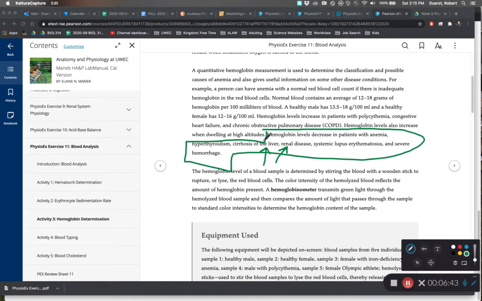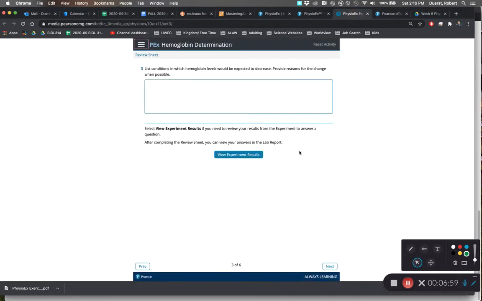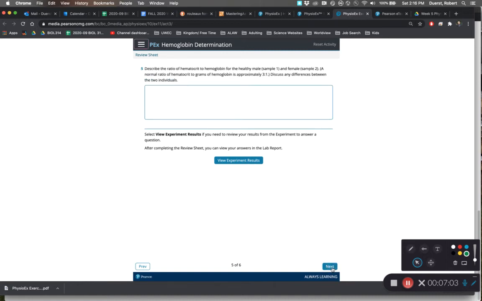So these individuals are also going to have decreased hemoglobin concentrations. If they bleed a lot, if they have severe hemorrhaging, well, obviously they'll also have decreased hemoglobin concentrations. So those are some common examples of individuals that would have decreased hemoglobin, and we talked through why they would have that decreased hemoglobin.